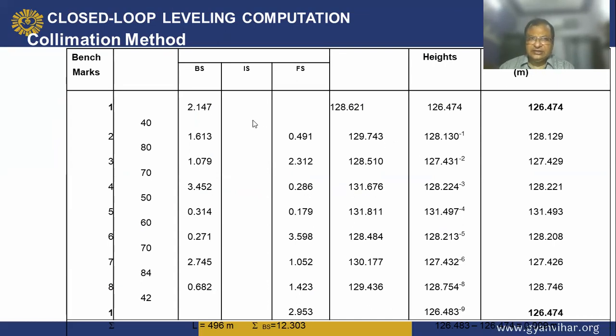This is the chart of calculation: backsight, foresight, and intermediate sight. My dear boy, you see this? We had taken first backsight, no intermediate sight, so it's the total height of instrument.